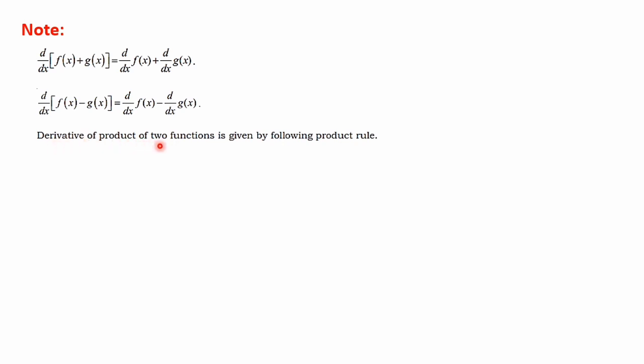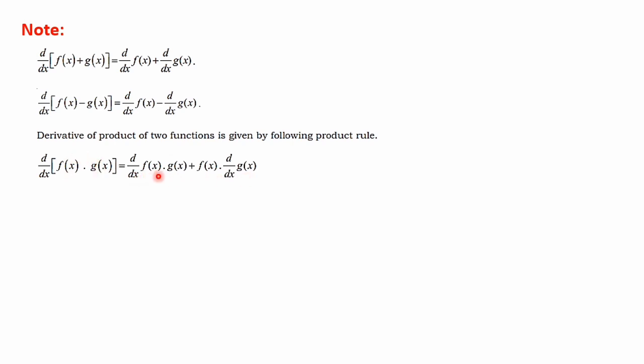Derivative of product of two functions is given by the following, the product rule. This is called the product rule, that is d by dx of f of x into g of x is equal to the derivative of the first function into the second function plus first function into the derivative of the second one.